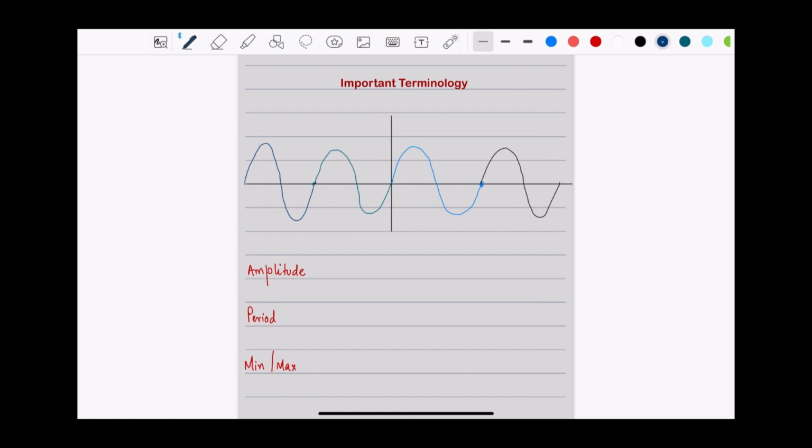In this whole thing, this part is one wave of the sine function, and after that wave is completed, the function repeats itself.